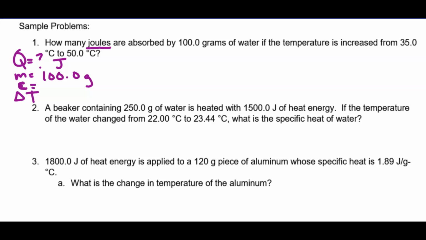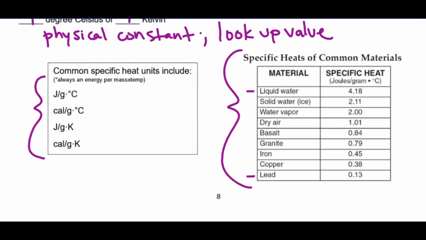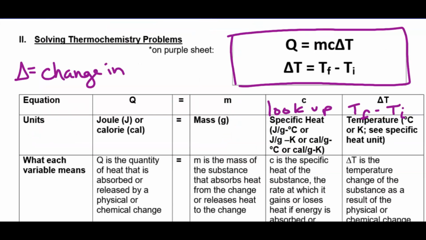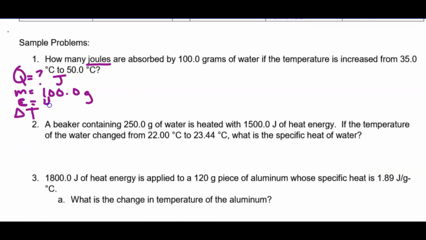c is specific heat. Now, for this, specific heat is a lookup value. So you want to flip back in the packet, go down to the table here, and you'll see that water has a specific heat of 4.18 joules per gram degree Celsius. And so we're going to need that for specific heat. That unit is joules per gram Celsius.